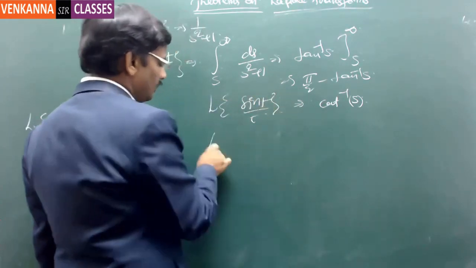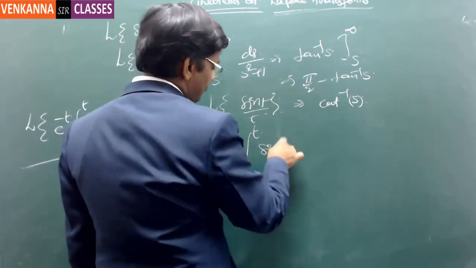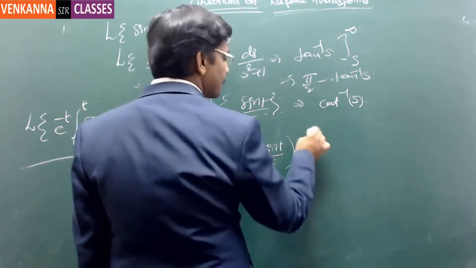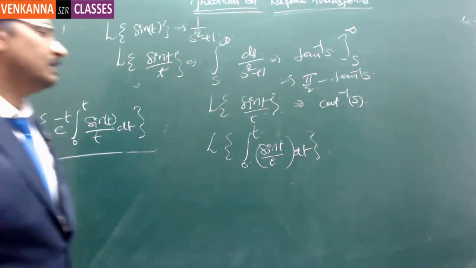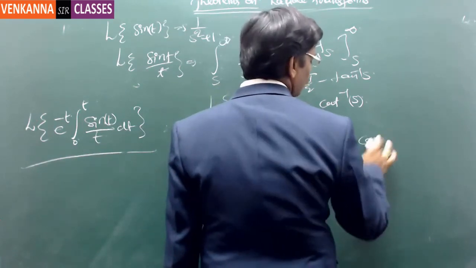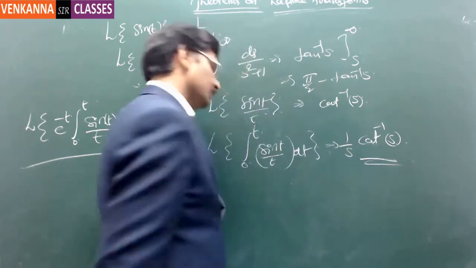But you want the Laplace transform of the integral from 0 to t of sin t by t. Here the Laplace transform of the integral is nothing but dividing with s. So 1 by s times cot inverse of s. This is the Laplace transform.